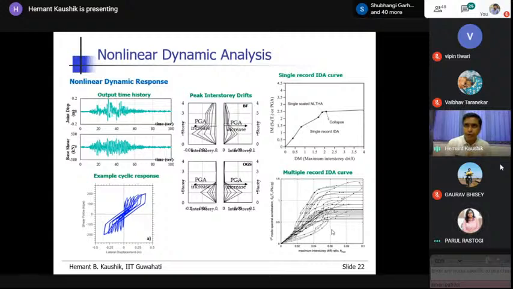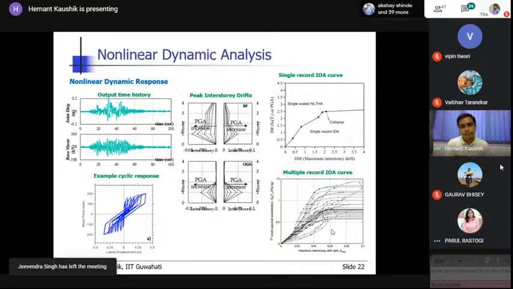If you want to compute the story shear, you have to look at the output file, where for a particular floor level you have to find out the shear in all the columns. From there you can get the story shear. Okay, thank you.